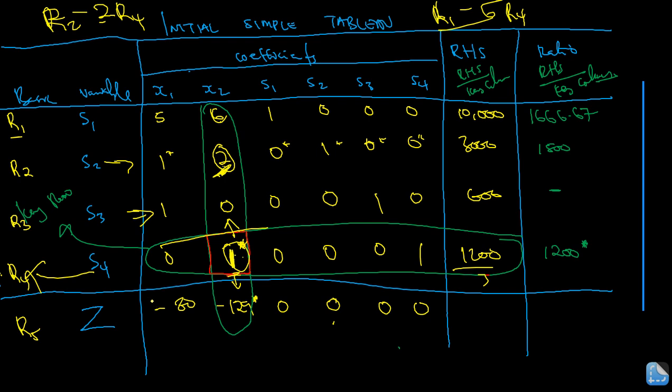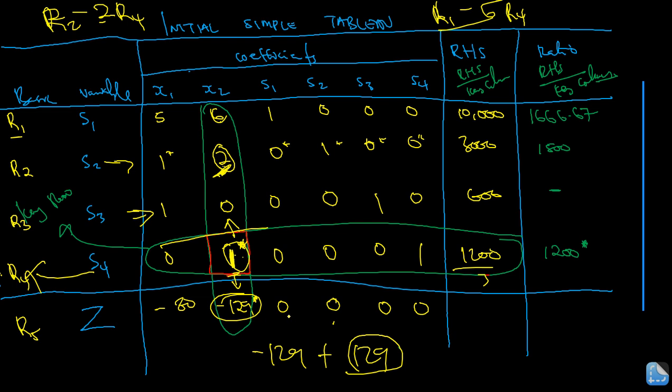So the last thing, sorry, I think we forgot to do this one here. How do we make negative 129 become a 0? It is negative 129 plus 129. This is how we are going to make negative 129 become a 0.